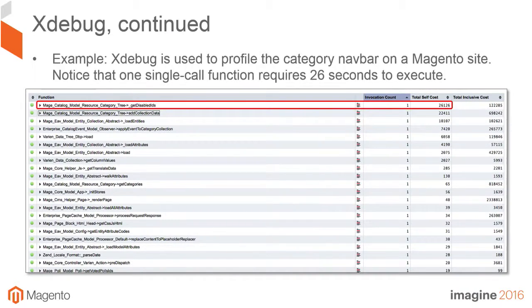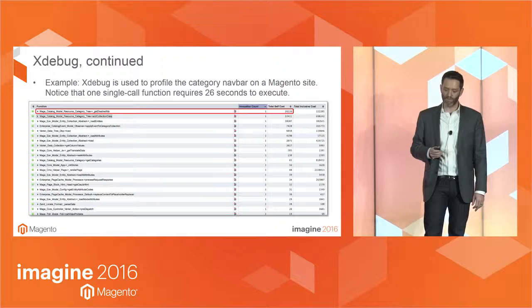So this is from WebGrind. We've run a profile in Xdebug, and then this is the visual output when you load that profile into WebGrind. So we can see here that this call is taking 26 seconds.